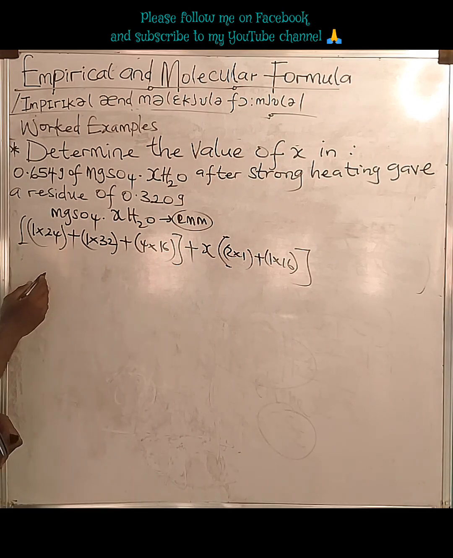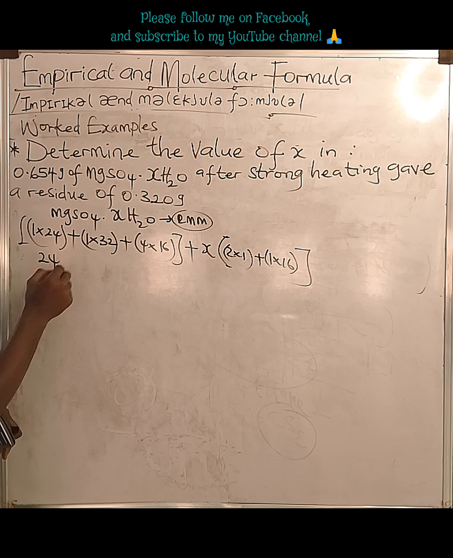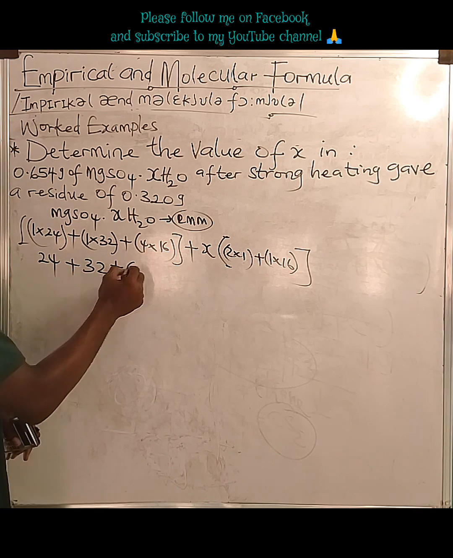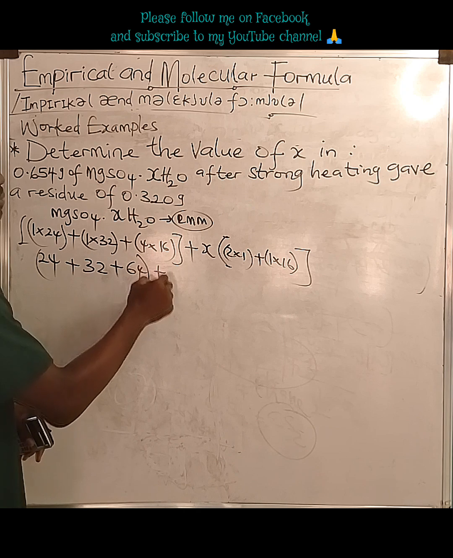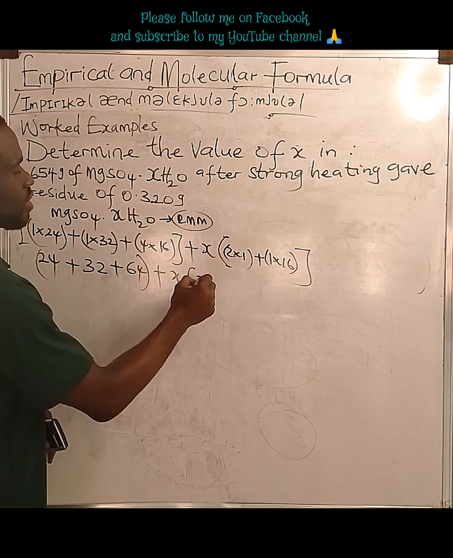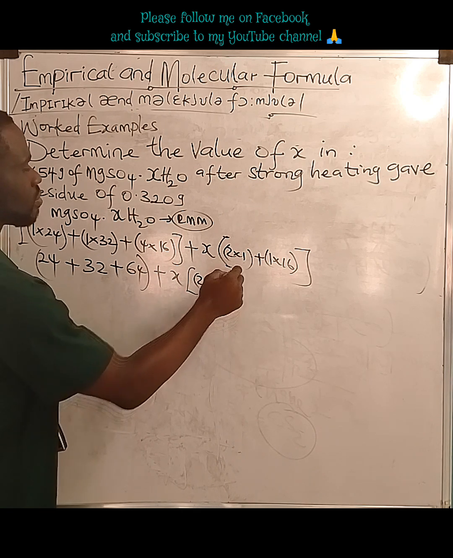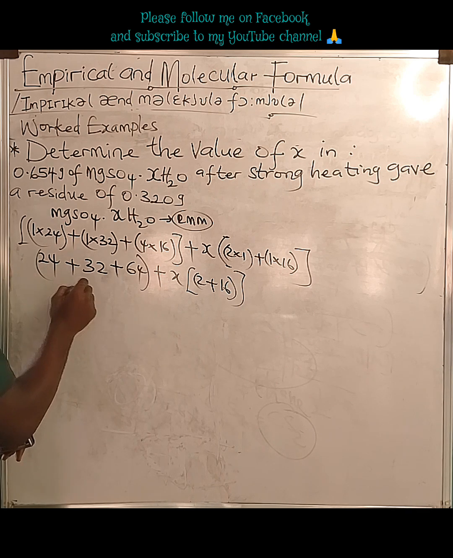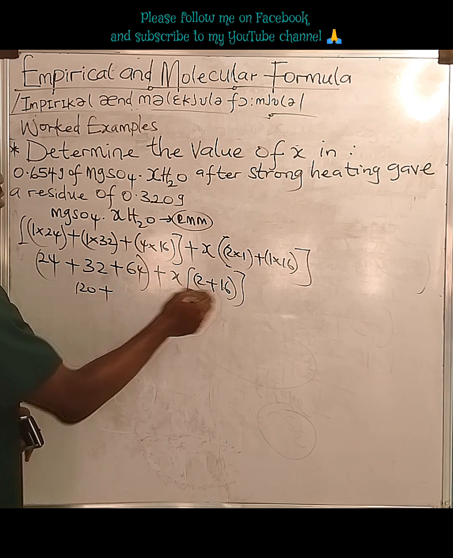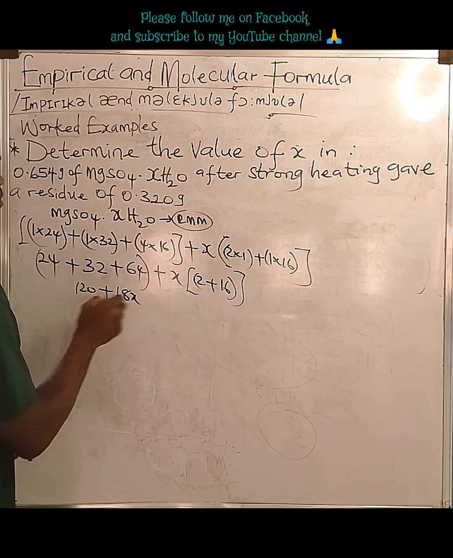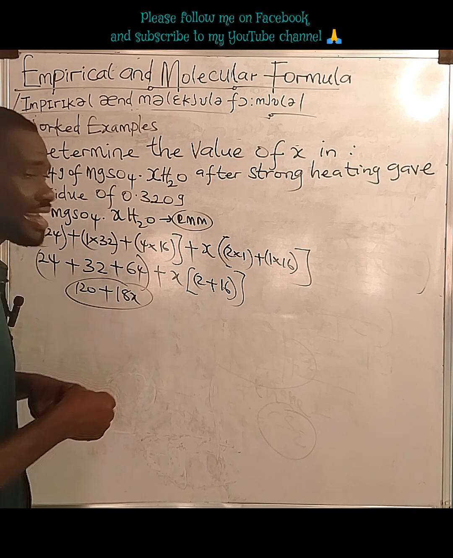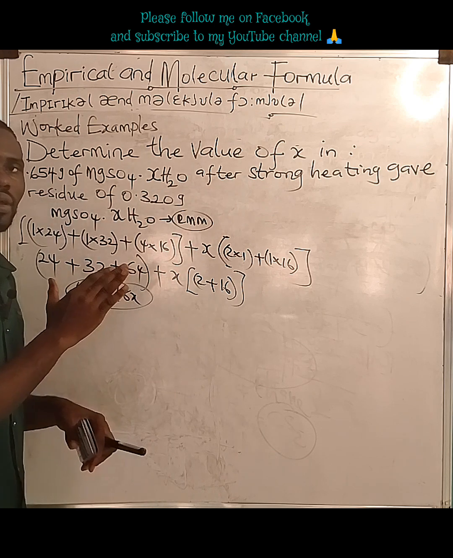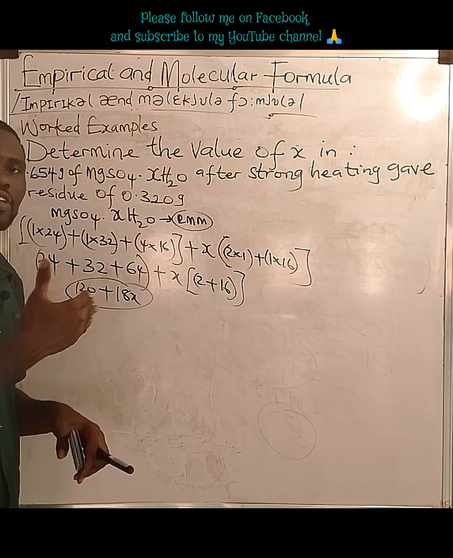So what do we have? 1 times 24 is 24, plus 1 times 32 is 32, 4 times 16 is 64. Then plus X, 2 times 1 is 2, plus 16. So 24 plus 32 is 56, plus 64 is 120, plus 18X. So this is the absolute relative molecular mass, the mass of the compound, magnesium sulfate with X crystals of water.